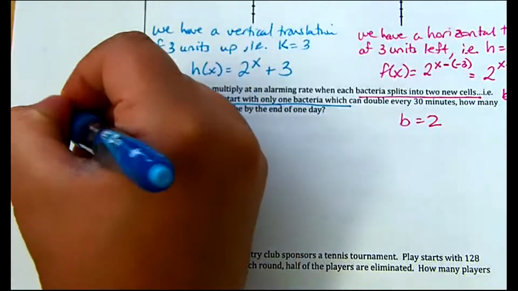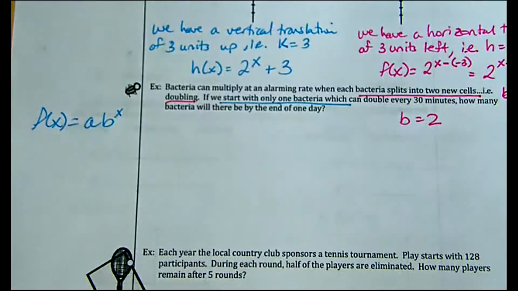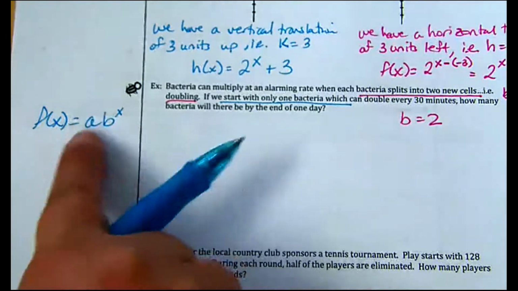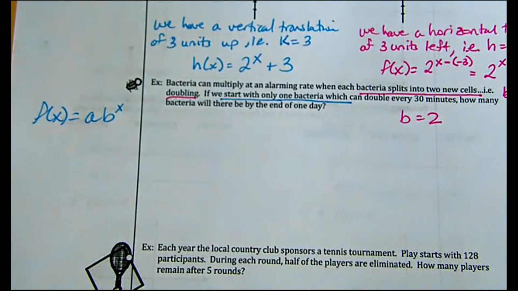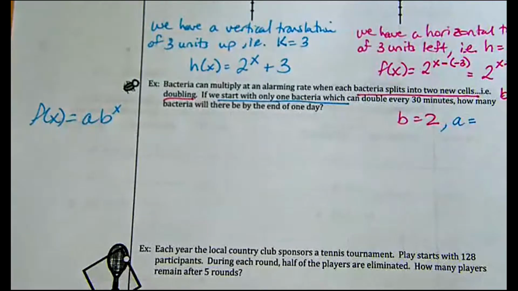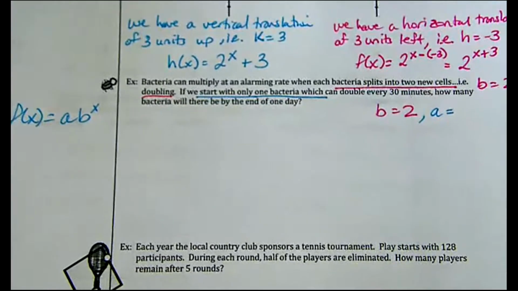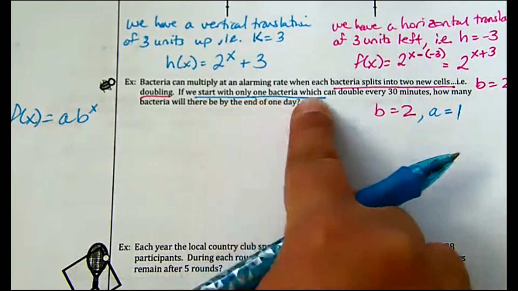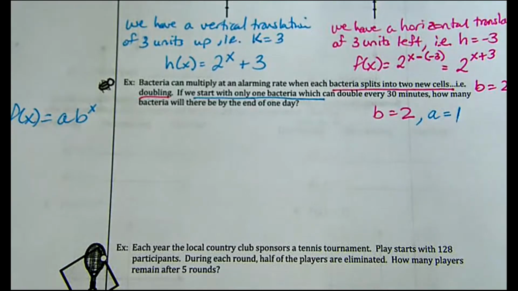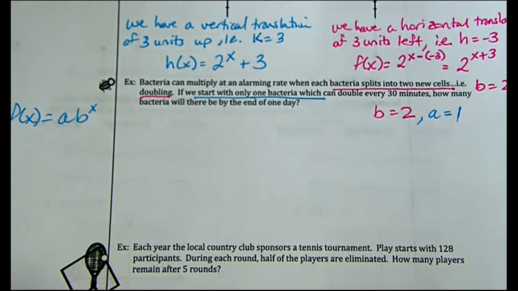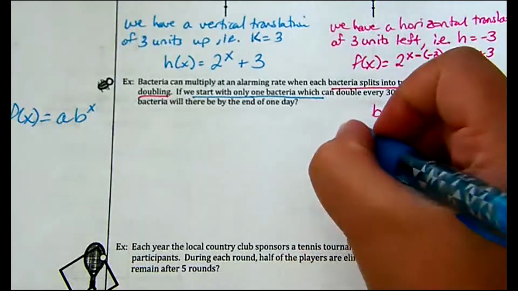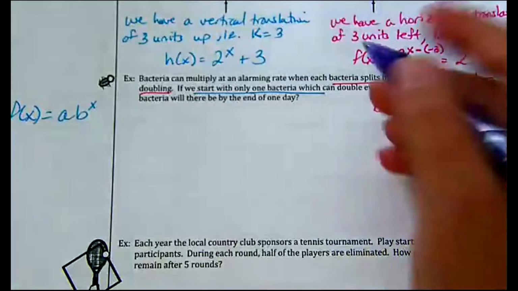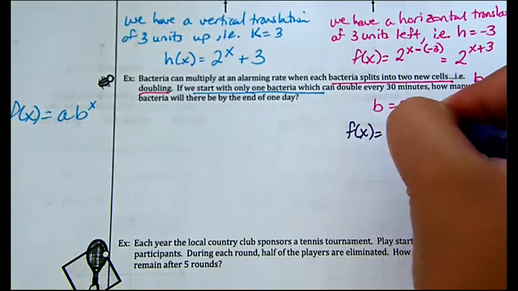In a function like that, which one determines the starting point, the starting number? Yes, that gives me the A. So what does it tell me? It's telling me that A is equal to what? 1. We start with only 1 bacteria. That means A equals 1. So the function I'm looking at here is f of x equals 1 times 2 to the x power.